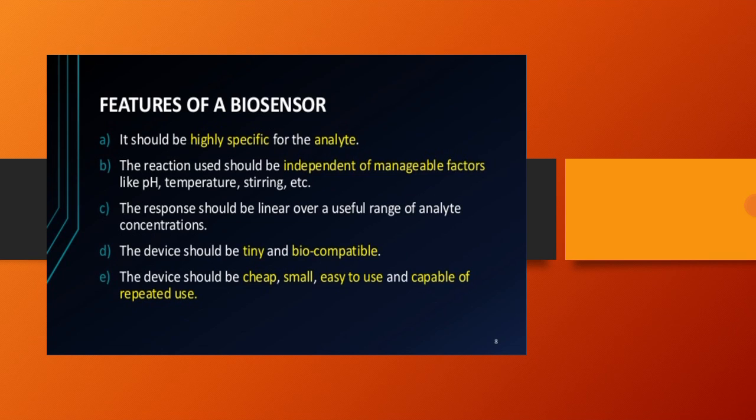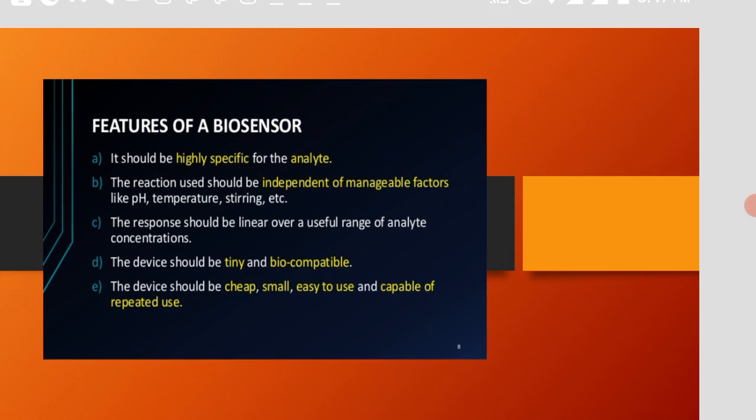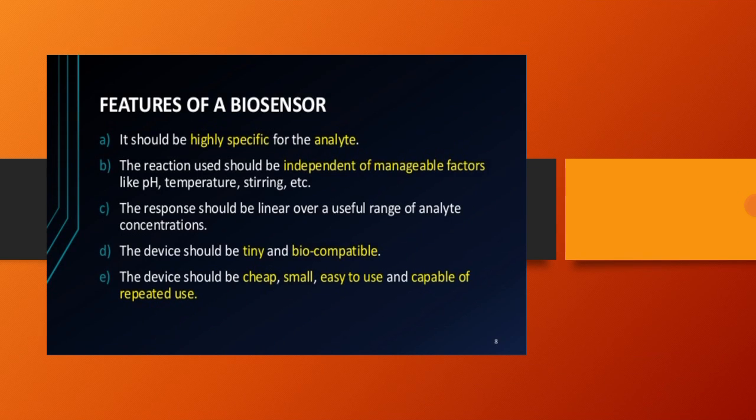Second, the reaction used should be independent of manageable factors like pH, temperature, stirring, etc. That means parameters such as pH and temperature change should not affect our reaction. So we have to select such a reaction that will not be affected by these factors.